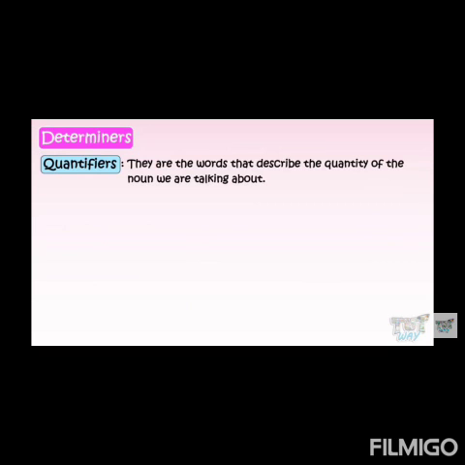Now let's start with another category of determiners, that is quantifiers. Quantifiers are the words that describe the quantity of the noun we are talking about. They are used with uncountable as well as countable nouns.